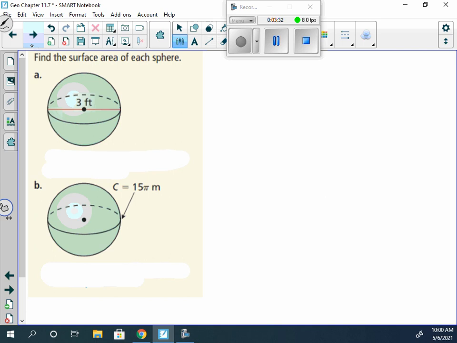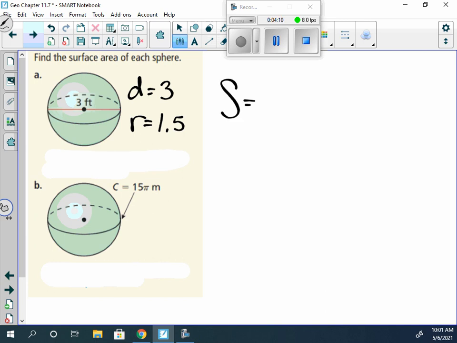Let's look at the next one. So for this next sphere, they told us the radius is 3 feet? It's the whole thing, so it's not the radius, it's the diameter. Diameter goes all the way across. So if the diameter is 3 feet, the radius would be half the diameter, because the diameter is twice the radius. So we can divide 3 by 2 and get 1.5.